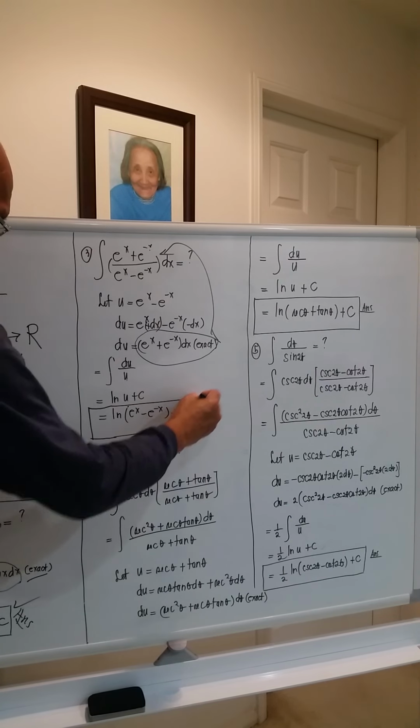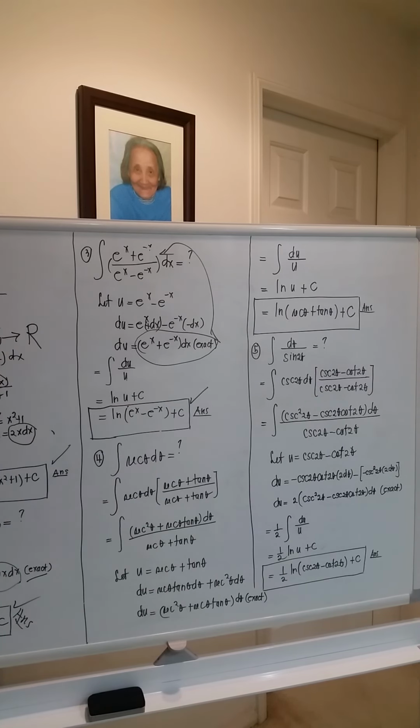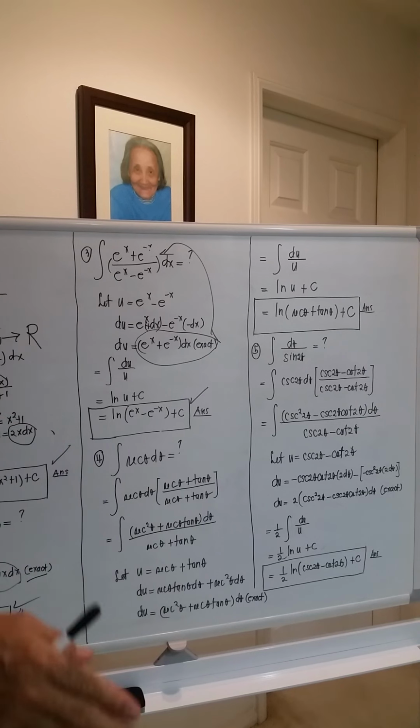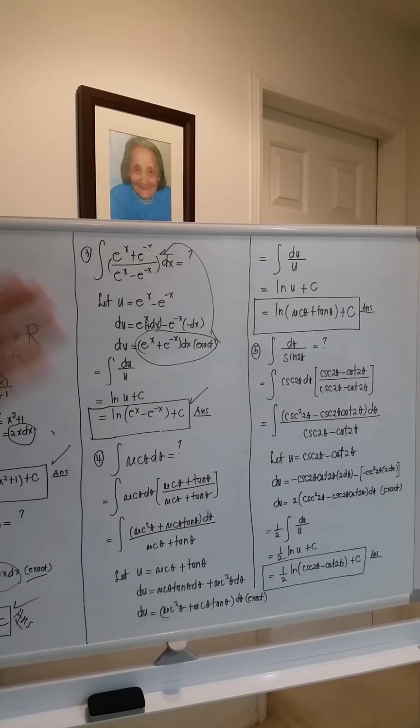That's the final answer. The solution of this is by using your knowledge of differentiating exponential functions, because without knowing it, you cannot bring out the solution. That's integral calculus.